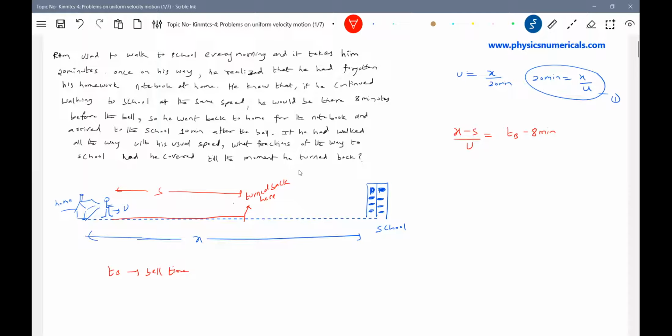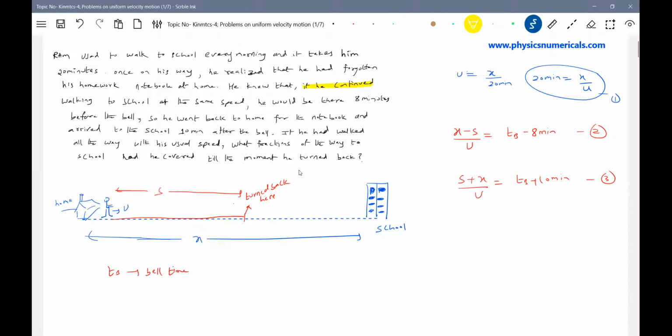Now similarly, he walked back and again reached the school 10 minutes after the bell. So how much distance will he cover? s plus x by u, equals TB plus 10 minutes. If you can understand this much, okay, you might get confused.